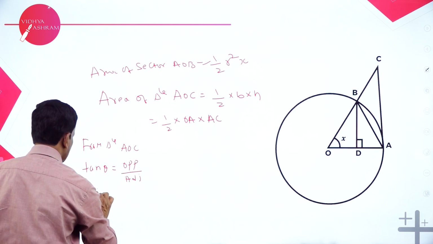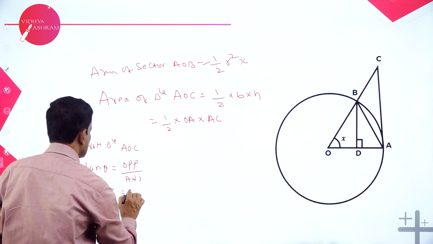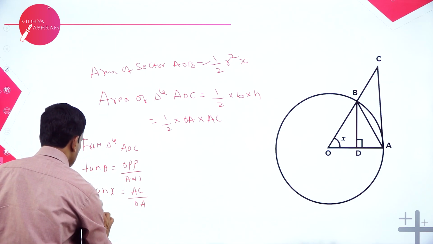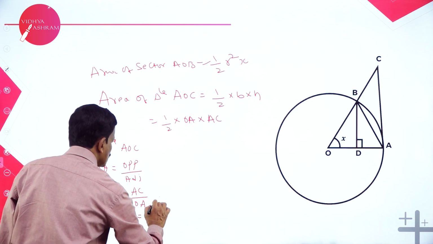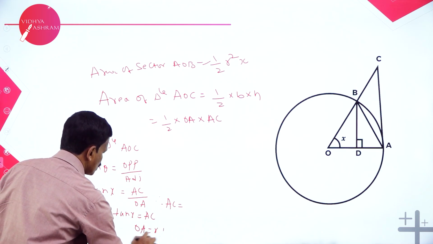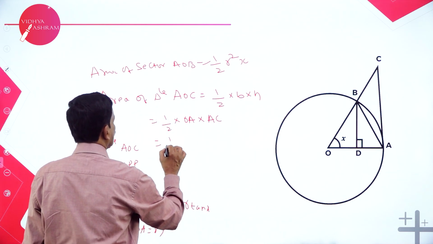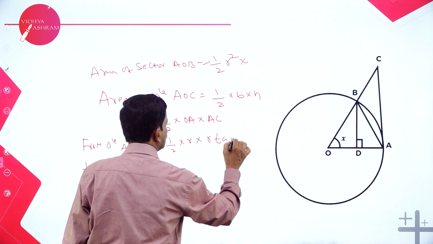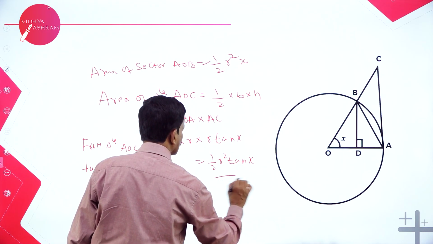Tan x is equal to AC divided by OA. Cross multiply: OA tan x is equal to AC. Since OA is the radius R, AC is equal to R tan x. So the area is half R square tan x.